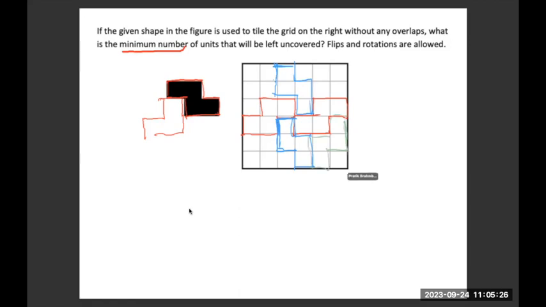In the previous case, I won't be able to fit this. In the other case, this one will come here. This will come here. This will come here. And at the end, the blocks which are left empty are these 4 blocks.